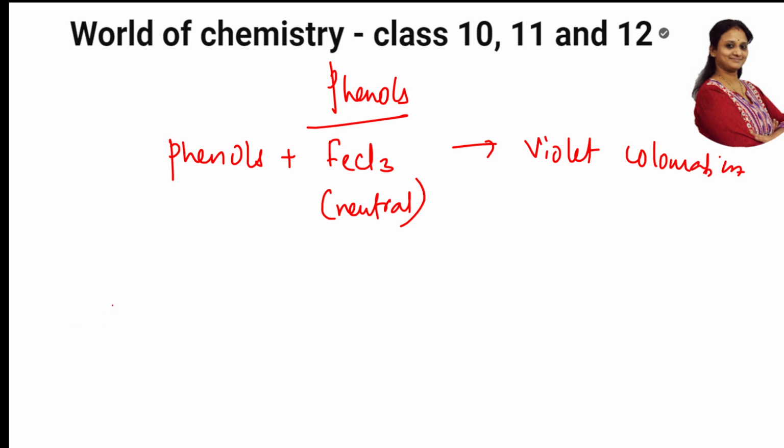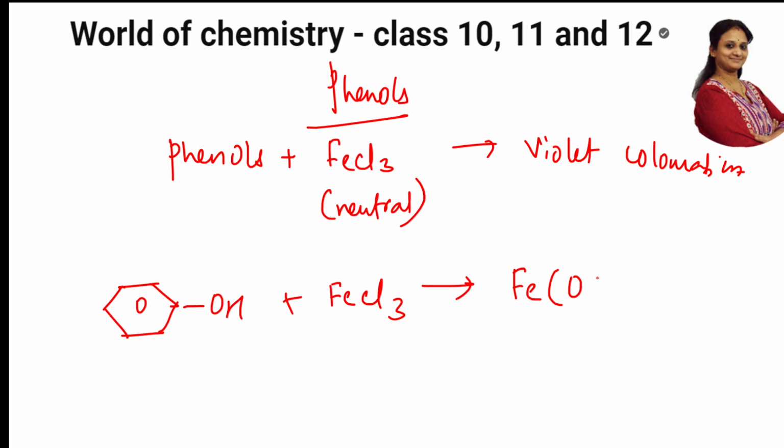Suppose you have to see the reaction, let me take one phenol and add FeCl3. I'm going to get a violet coloration compound, with C6H5 taken 6 times.